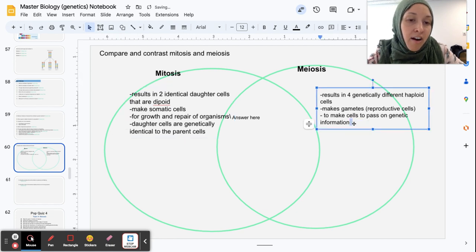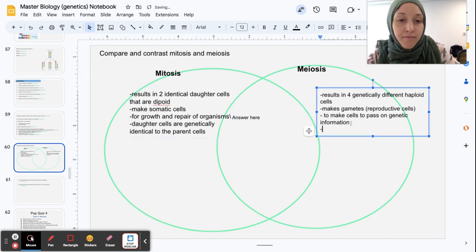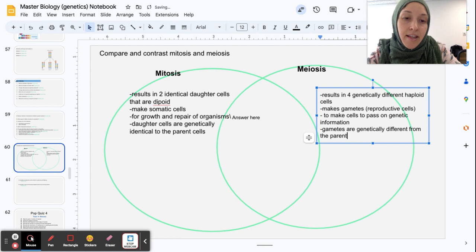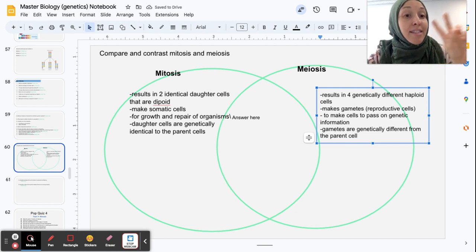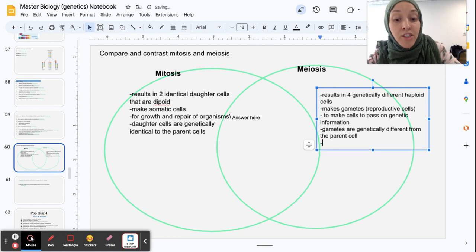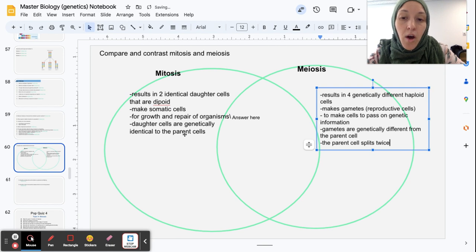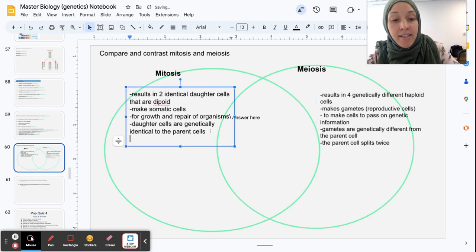And here they are genetically different. The gametes are genetically different from the parent cell. Okay. In meiosis, the cell splits 2 times, whereas in mitosis, the parent cell splits once.